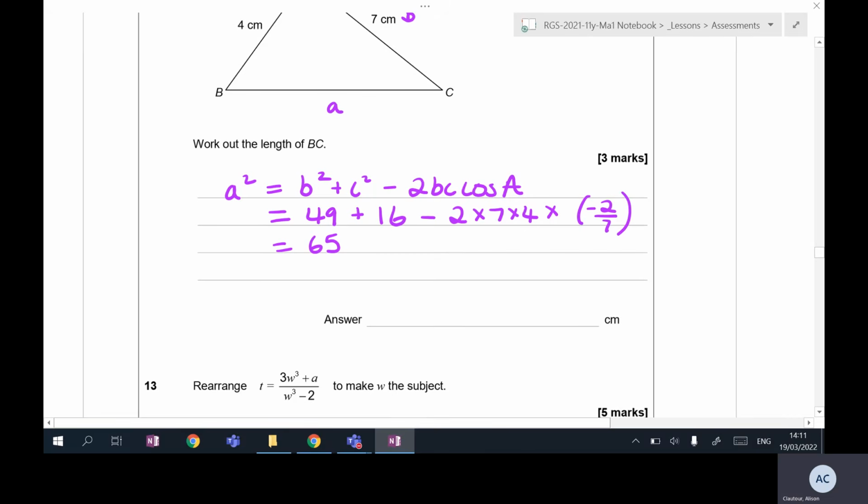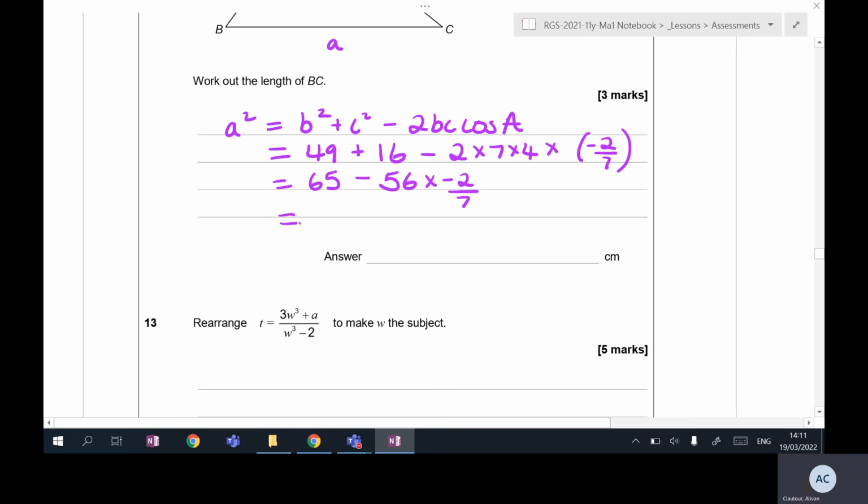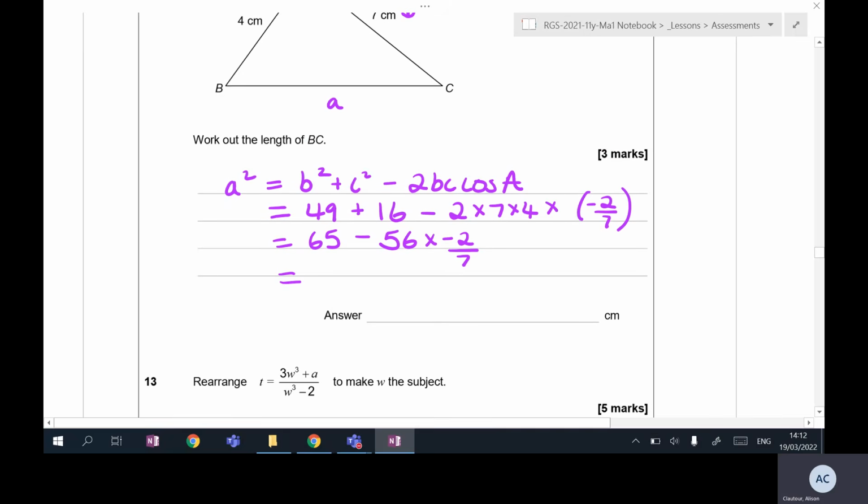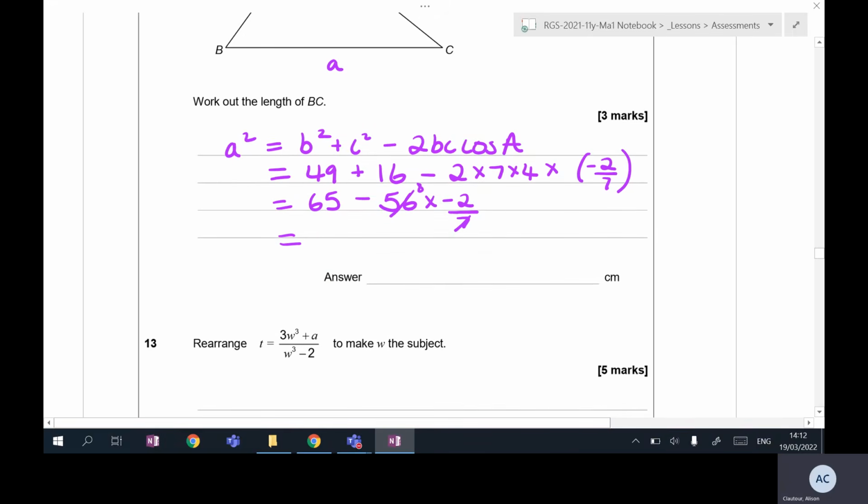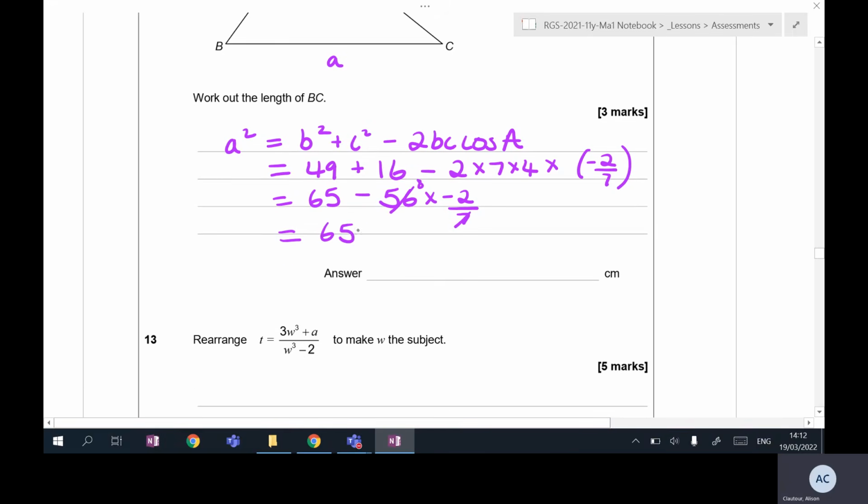Then we've got 2 times 7 times 4, so that's 56, times minus 2/7. So if we cancel the 56 and the 7, we've got minus 8 times minus 2. So 65 add 16, so 81. Okay, so that makes a, which is, remember that was a squared, 9 centimetres.